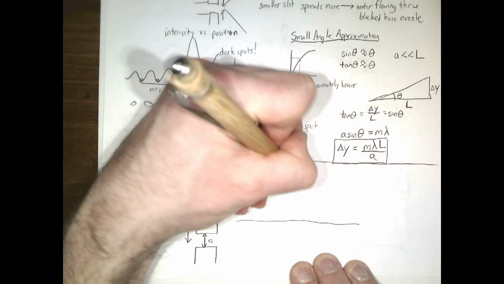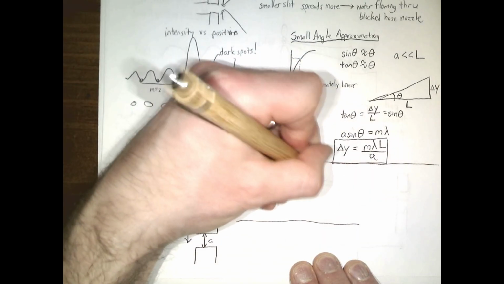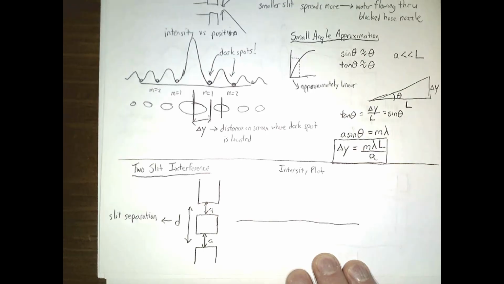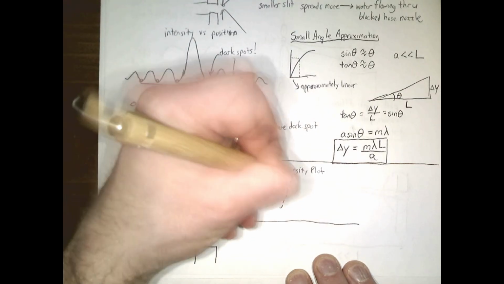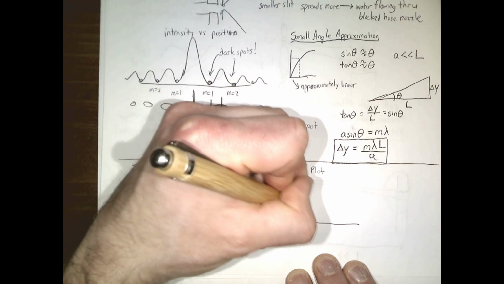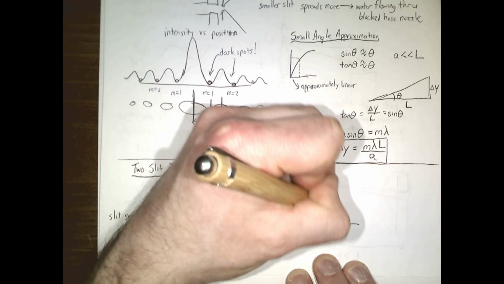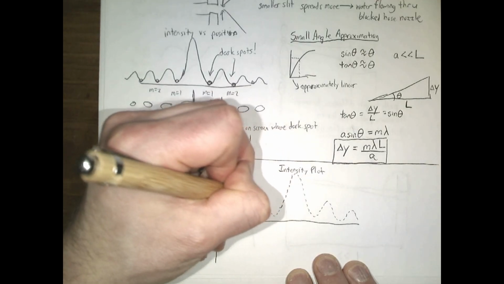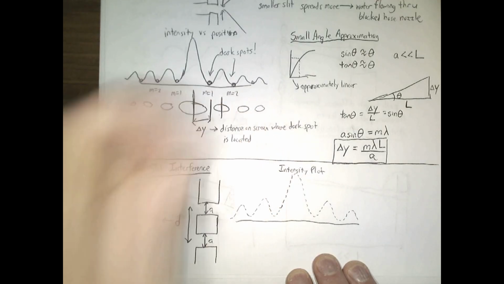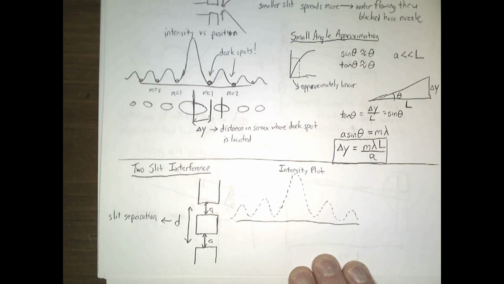If you draw an intensity plot again, what you observe is you still kind of get the same overall diffraction pattern, but inside of that diffraction pattern is a much more finely structured series of bands or fringes.